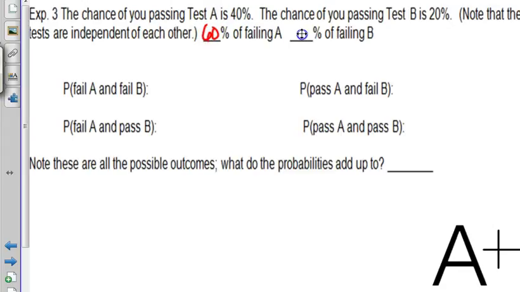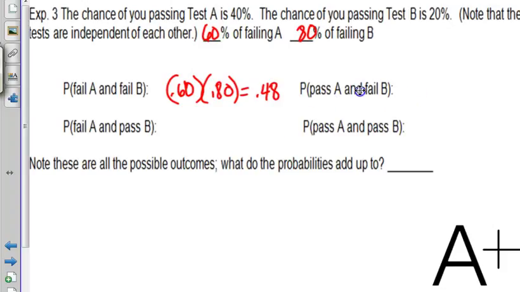Okay, fail test B. If these are independent and don't affect each other at all, we can find these just by multiplying the probabilities. So what's the probability you fail A and fail B? 0.60 times 0.80, that was our fail, so that's 0.48, I think, or 48%. I'm just going to leave it decimal.